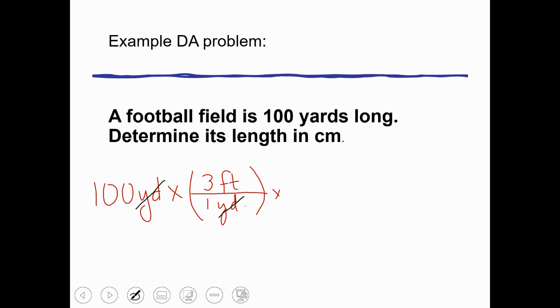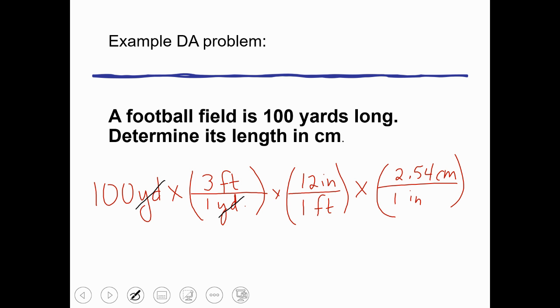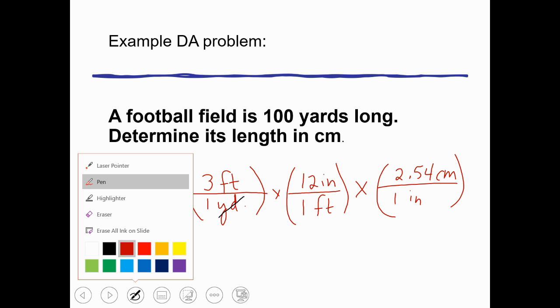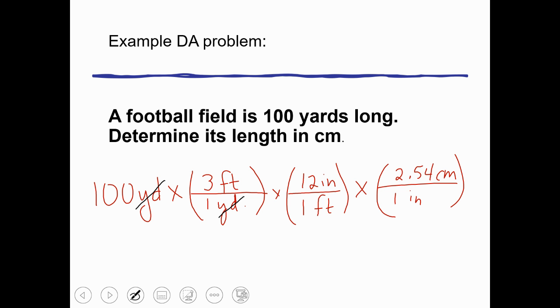We know then that a foot is 12 inches. And from the last slide, we know that an inch is 2.54 centimeters. So if it's set up in this fashion, you can see that the units divide out.